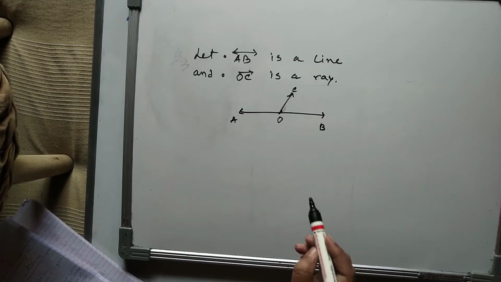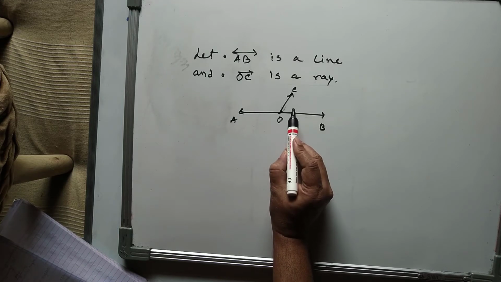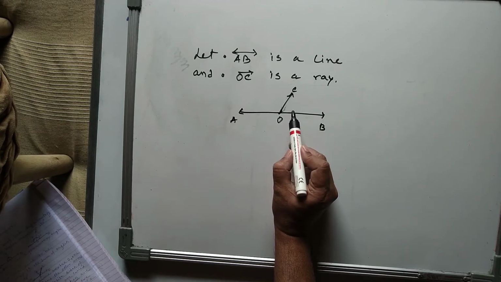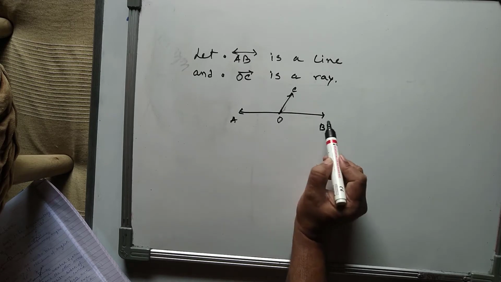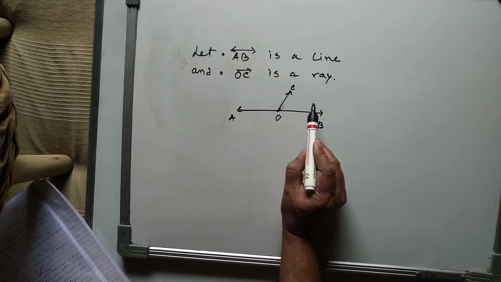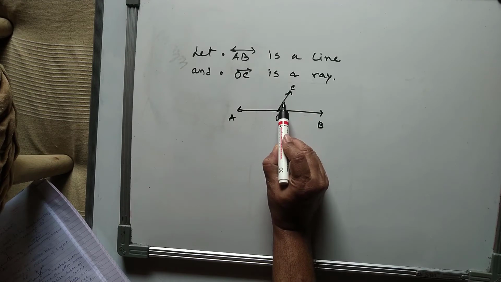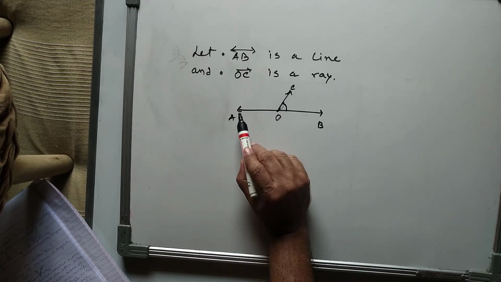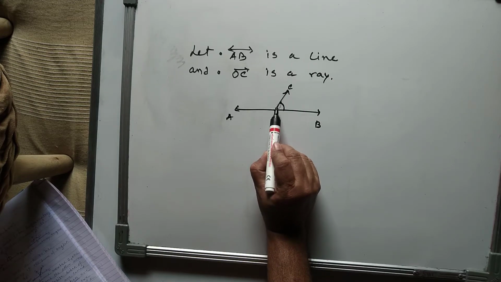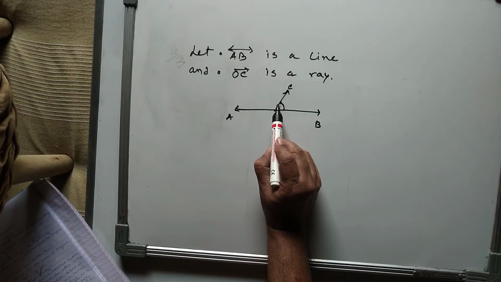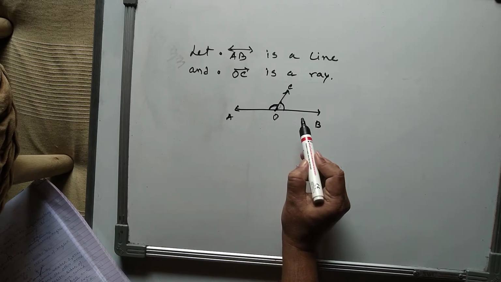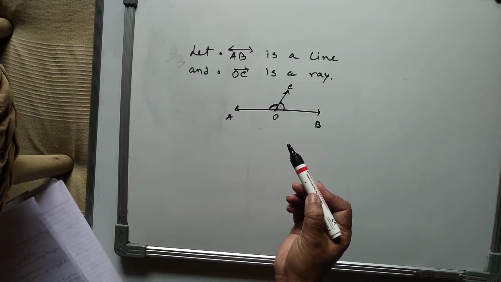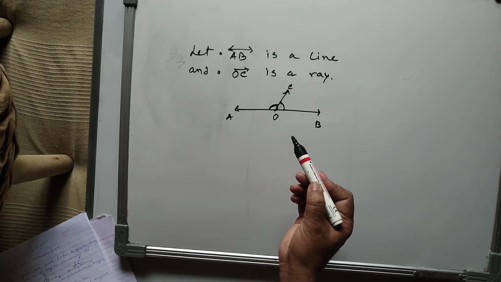So the angles formed, see the movement of the pen. The angle formed COD or BOC, whatever, is here, and the angle AOC is here.